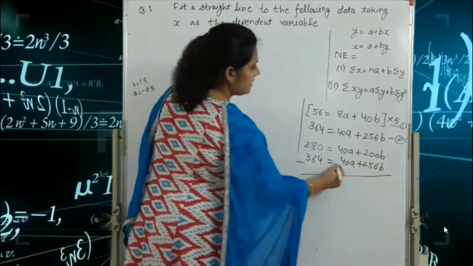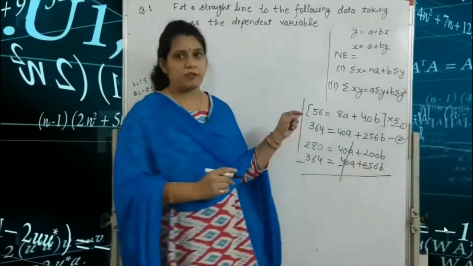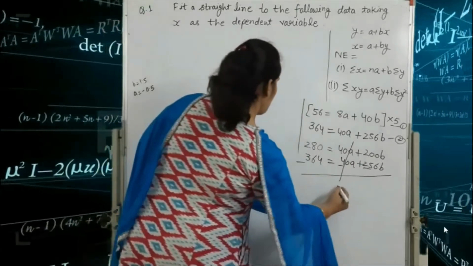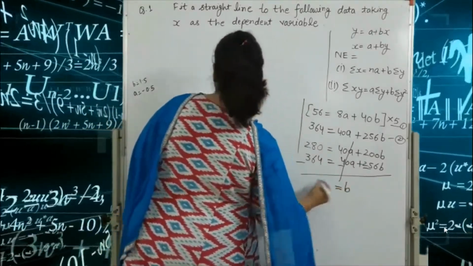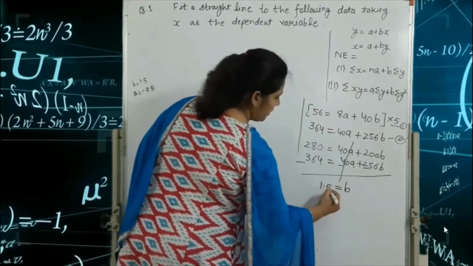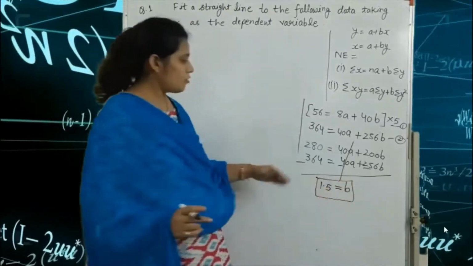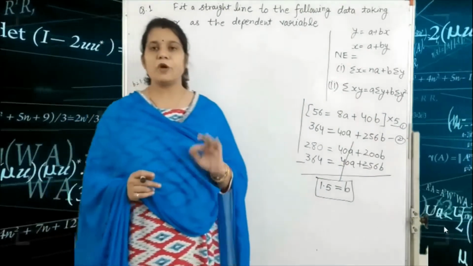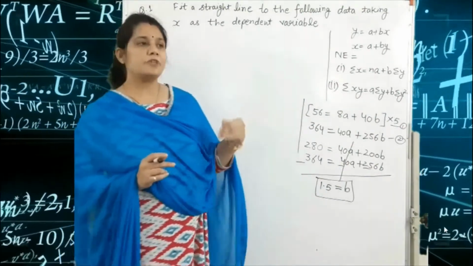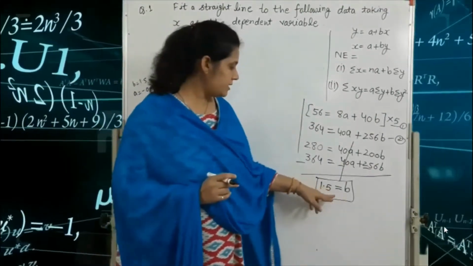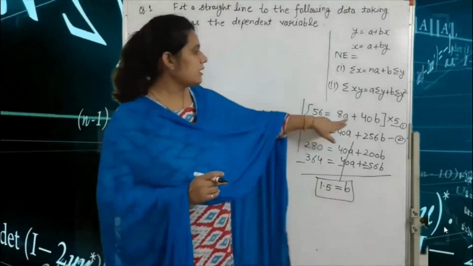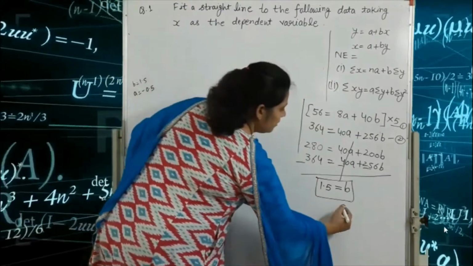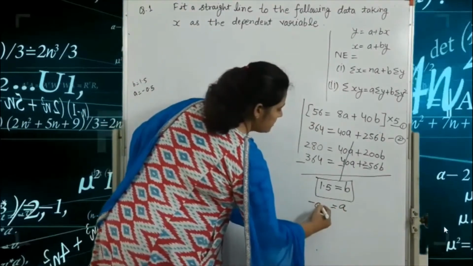Okay, take the negative sign, and here 40a minus 40a cancel. So we get the value of b is equal to 1.5. Solve this step and find the value of b is equal to 1.5. So we put the value of b is equal to 1.5 in equation number 1. So we get the value of a is equal to minus 0.5.